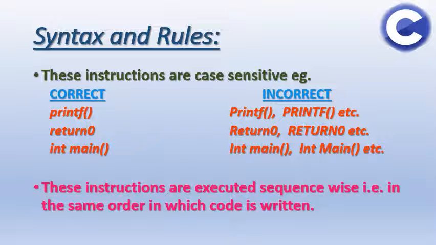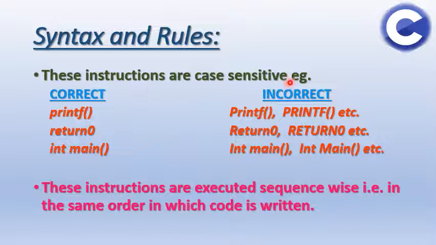So here are some more syntax and rules. These instructions are case sensitive, like your printf, return, main, int main. Here I wrote some common mistakes which are incorrect, which you people usually make, which I know from my experience. I have compared the correct ones with the incorrect ones so that you will be able to compare yourself and see wherever you are wrong.